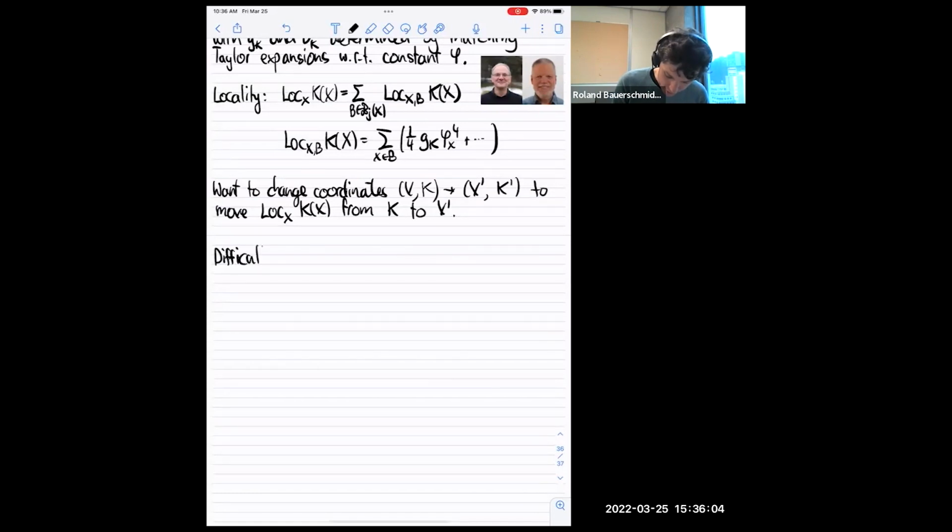The difficulty is that V is only indexed by blocks. It has the block factorization property.